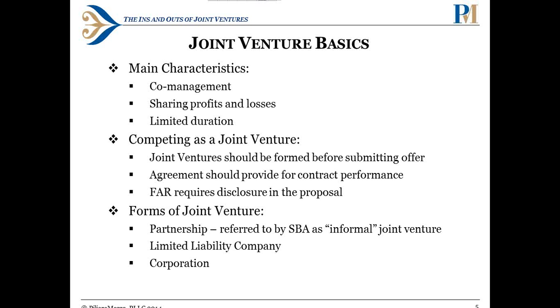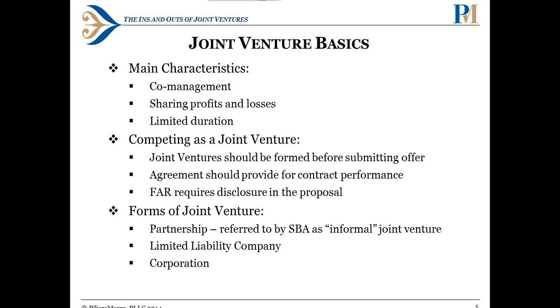You're going to have a joint venture agreement, and it may take different forms depending on how you set up the joint venture, and that agreement is going to need to provide for contract performance. How are the parties going to perform the contract? And particularly for set-aside contracts, that's an important detail. The FAR requires that you disclose in your proposal that you're submitting as a joint venture, and we're seeing now with more frequency RFPs that have joint venture specific provisions.